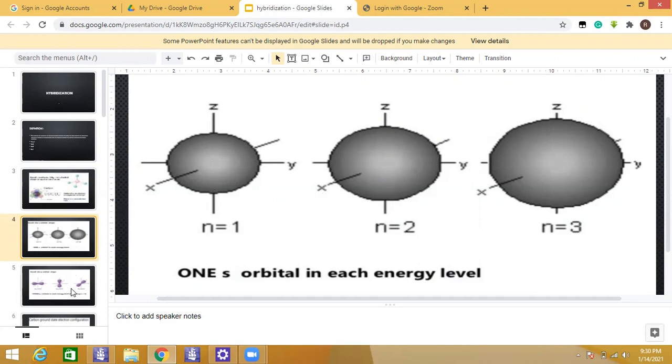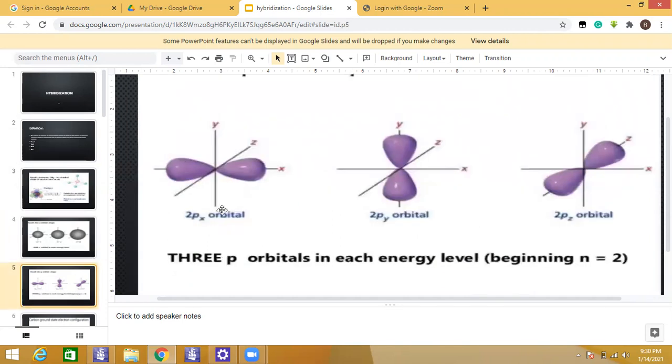And then recall the p orbitals. A 2px on the x-axis has two lobes along the x-axis, then the y orbital, and this one is the z orbital. So there are three p orbitals in each energy level, in n2: 2px, 2py and 2pz.